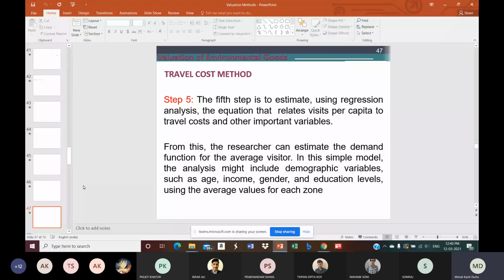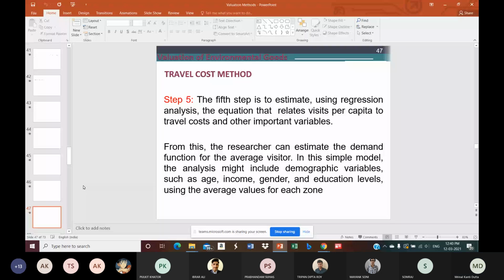The analysis here might include a lot of other information like demographic variables like age, income, gender, and education level, using the average value for each of the zones. You might have different zones, and from different zones, what is the demand? Those things can be estimated. But at the same time, there might be an effort to include certain socioeconomic or demographic variables.